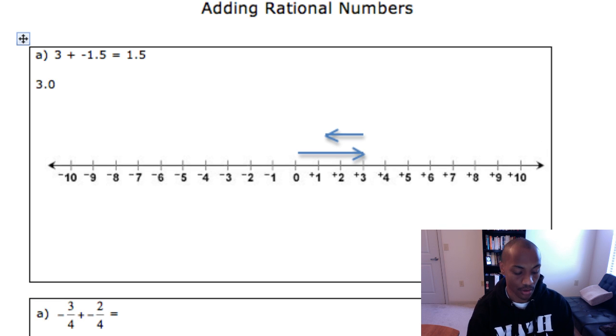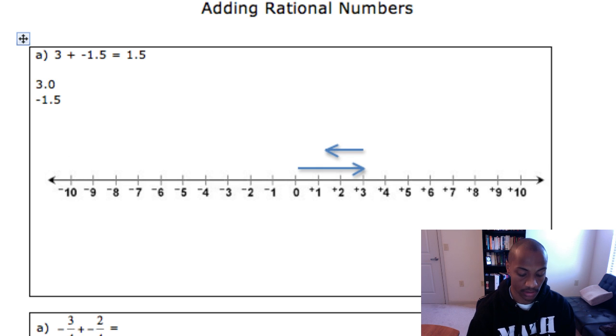3.0 minus 1 and 5 tenths. All right, so let's line up our decimal.